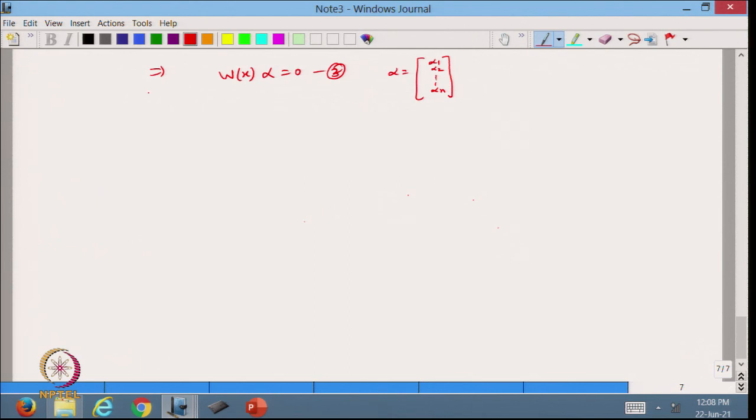Now, it is a homogeneous system. So, from here I can write that alpha belongs to the null space of the Wronskian matrix.